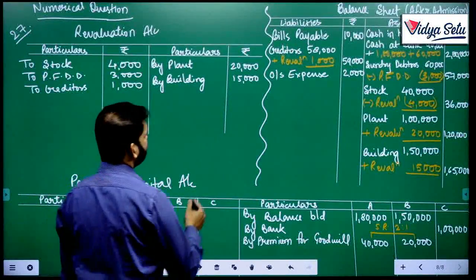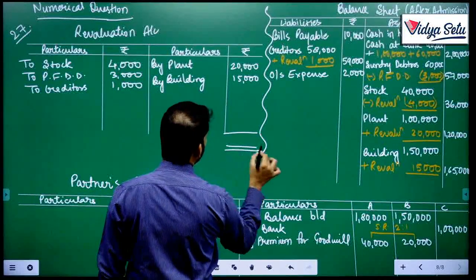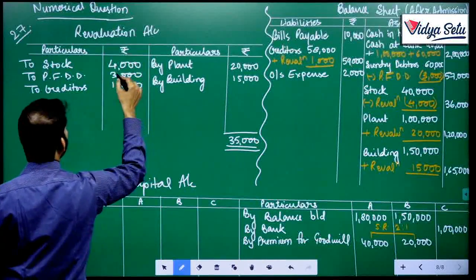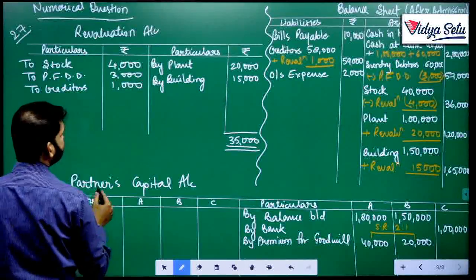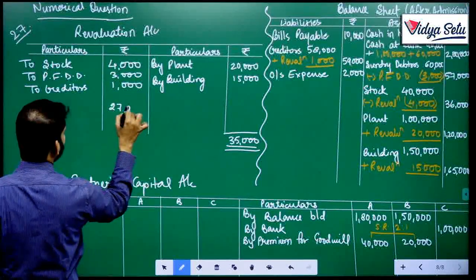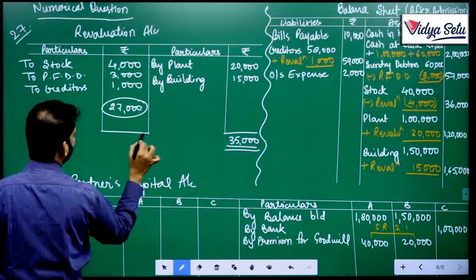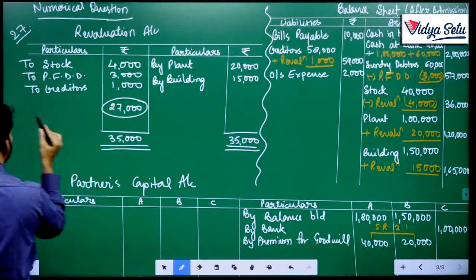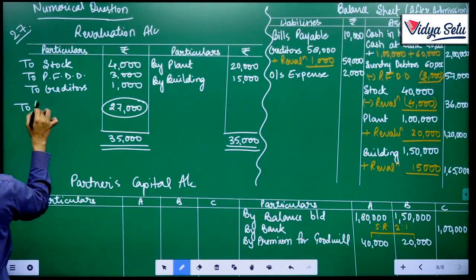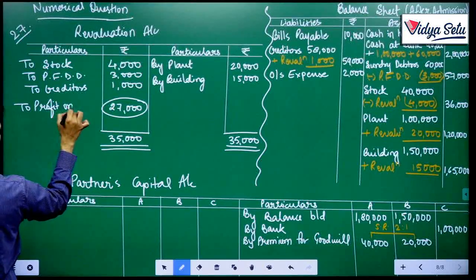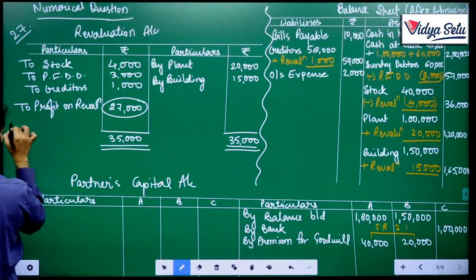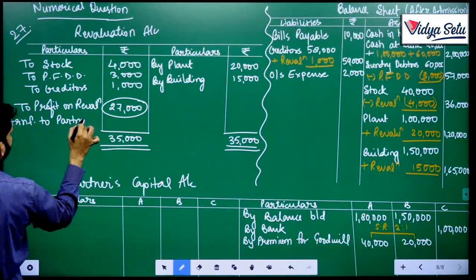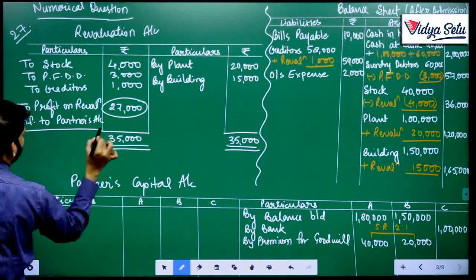First of all, let's balance our revaluation account. 35,000. I hope this is 4 and 4 is 8. So 35 minus 8 is 27,000, the balance, and that's our profit on revaluation. This profit belongs to the old partners, so profit on revaluation transferred to partners' accounts.